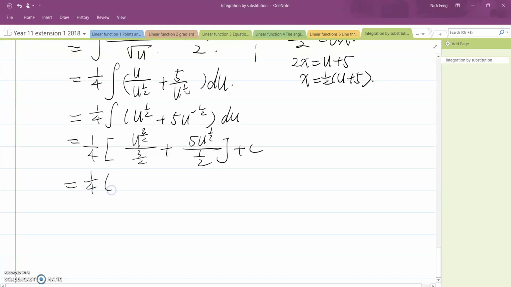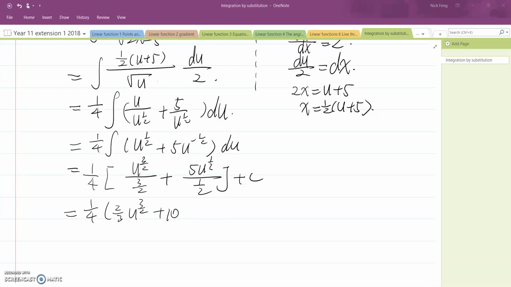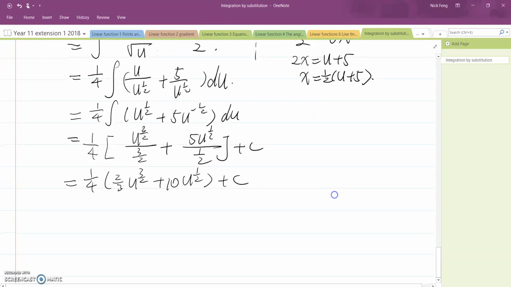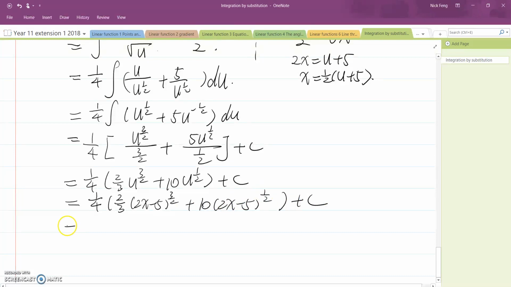Now, inside that is 2 on 3 u to the 3 on 2 plus 10 u to the power of half plus c. And you need to replace the u again by your original function, 2x minus 5 to the power of 3 on 2 plus 10 times 2x minus 5 to the power of half plus c.